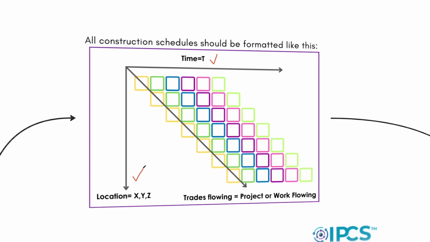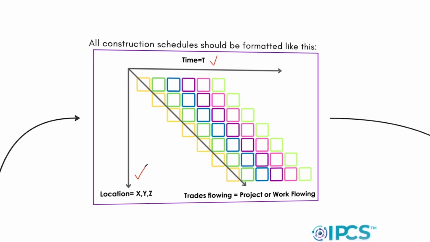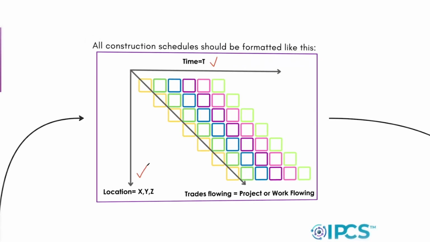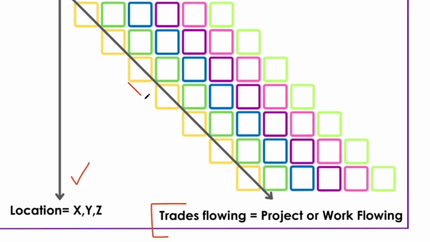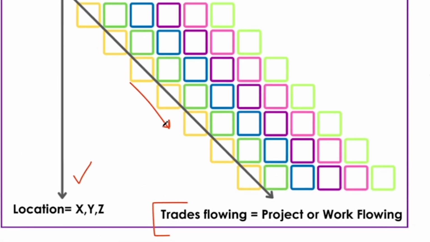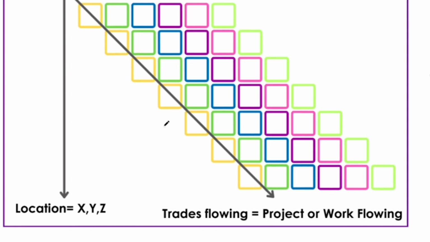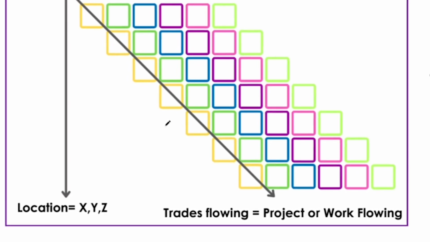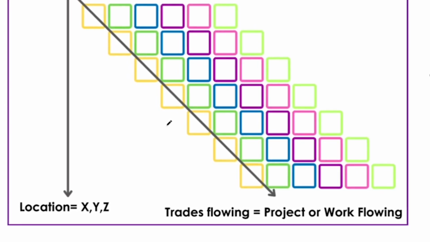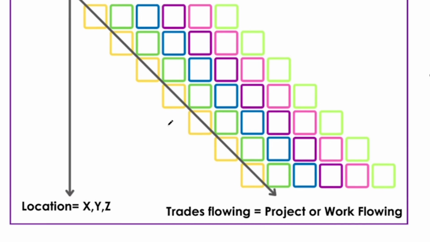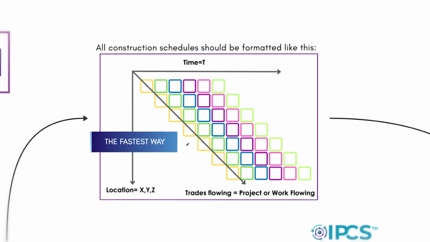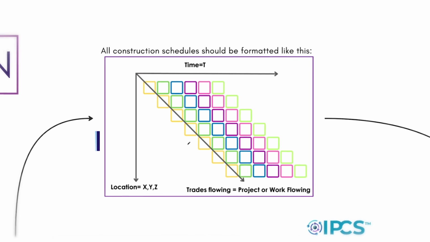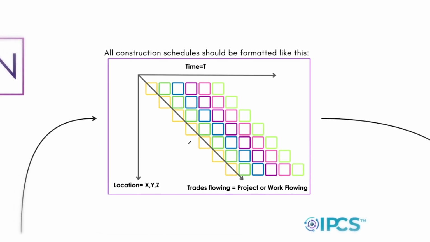It's X, Y, Z, and T. And when you get this format, meaning time by location, you're able to see if trades are flowing in this diagonal, which is the single most important consideration in everything that we do in construction scheduling, because that diagonal flow line, that line of balance, with all of the trades going together the same speed, the same distance apart, is the fastest way that the construction production plan can be accomplished. And so that is your rhythm.